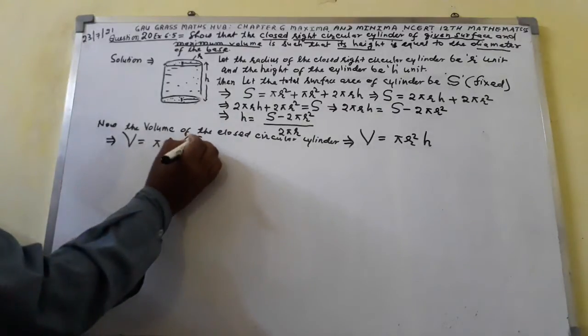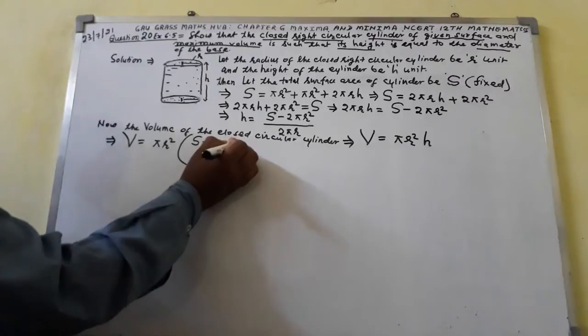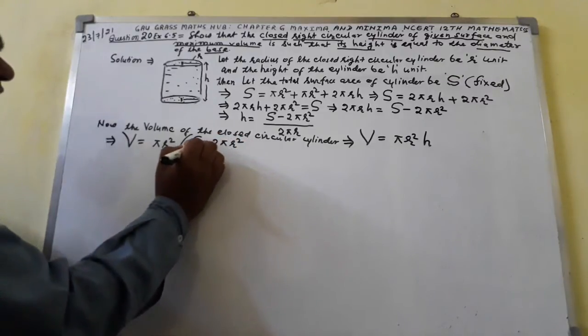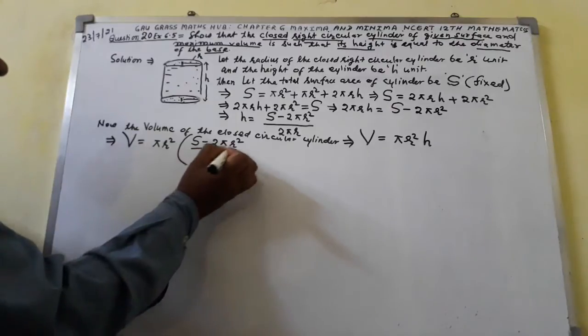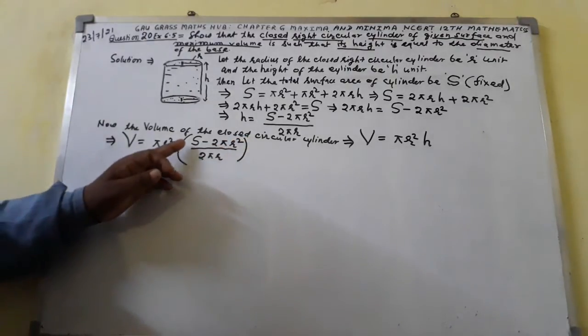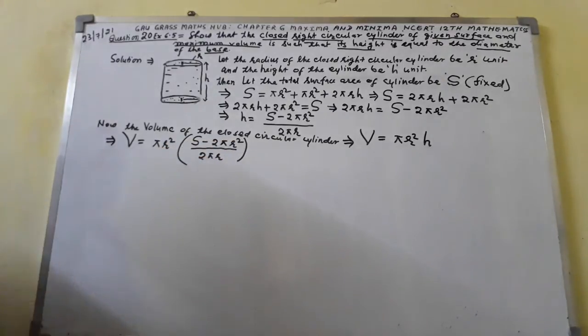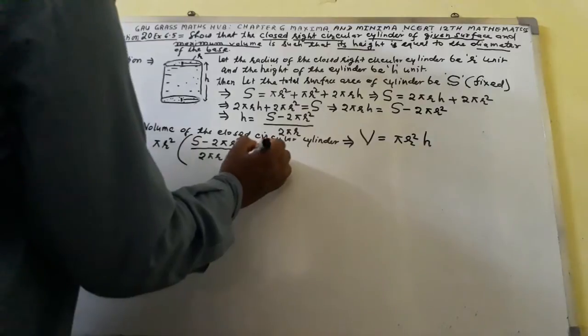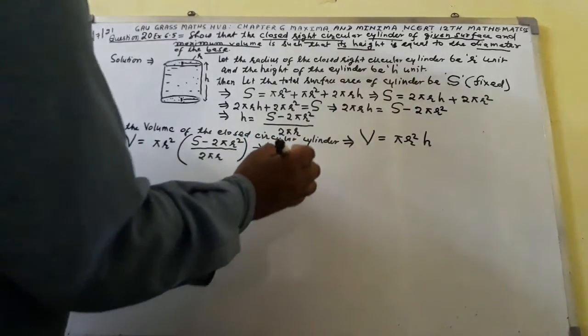So here I shall write S minus 2 pi r square whole over 2 pi r. This thing you have got. S minus 2 pi r square over 2 pi r.